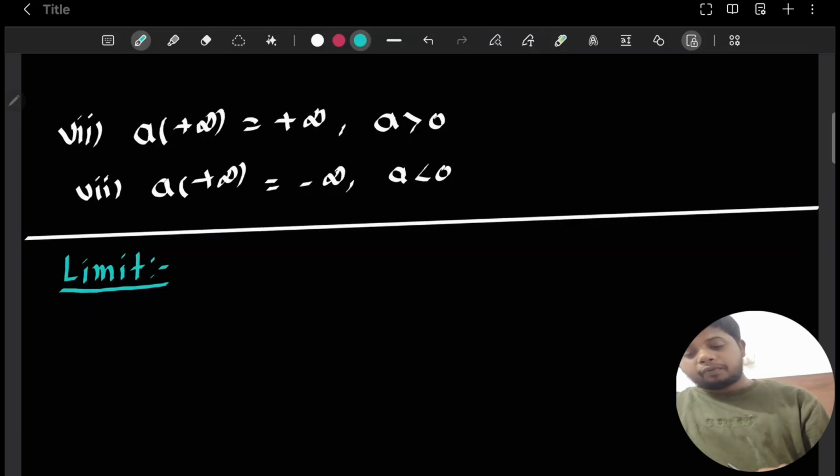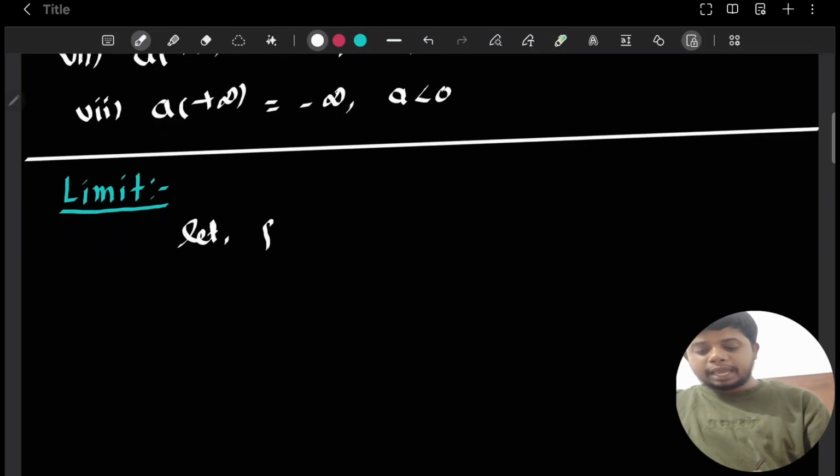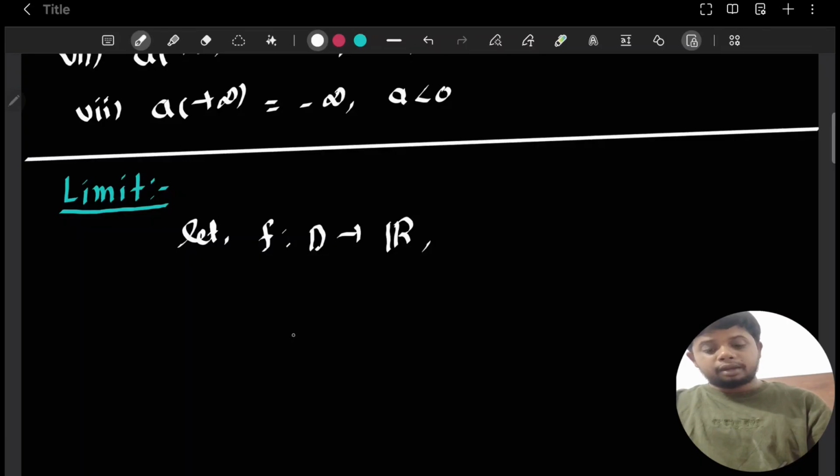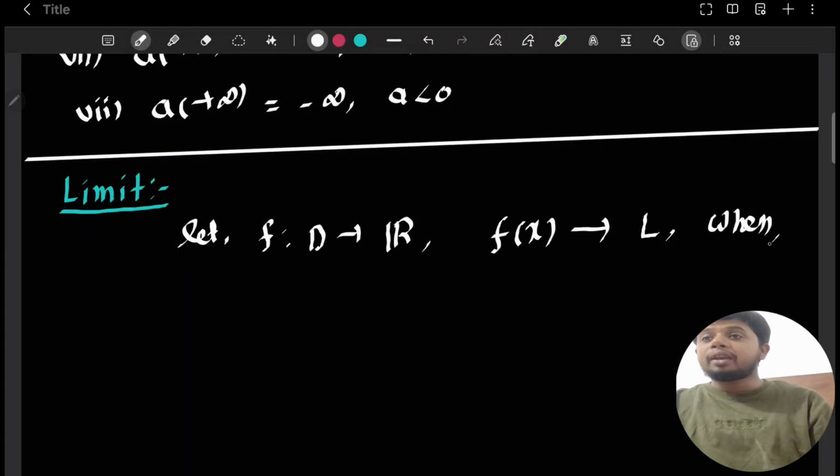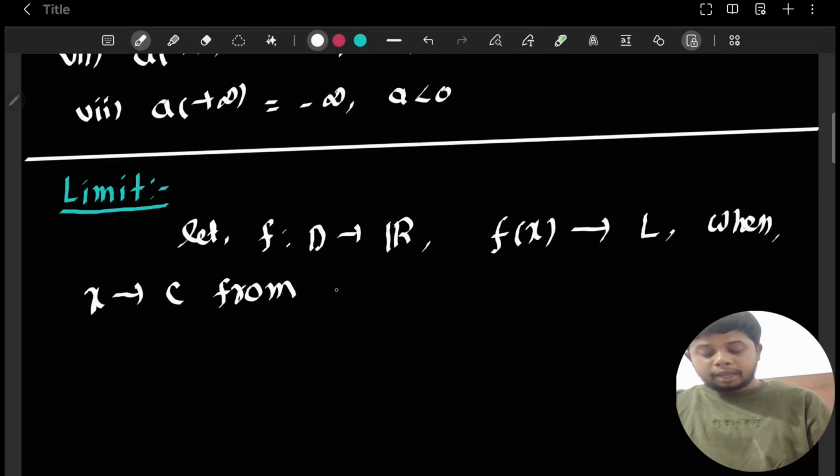Let f be a function going from D to R. If f is a map from D to R, we will say, if x goes to the real number L when x goes to C from either side.